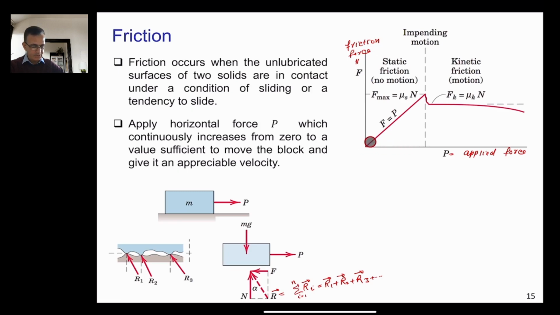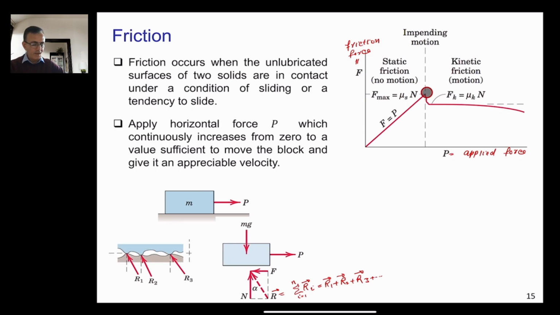So you are moving along this path here, and initially the body will be stationary; it will not be moving. But at one point, you will get the maximum friction force, and the body will start to move when the applied force becomes greater than this force here.